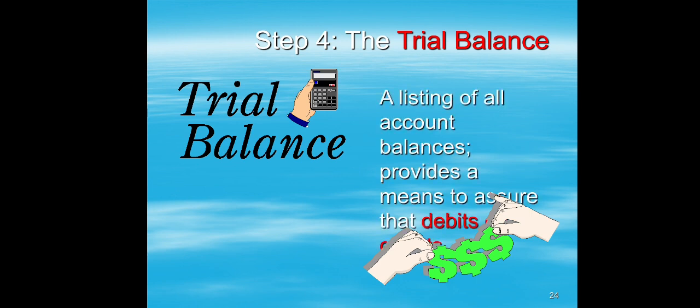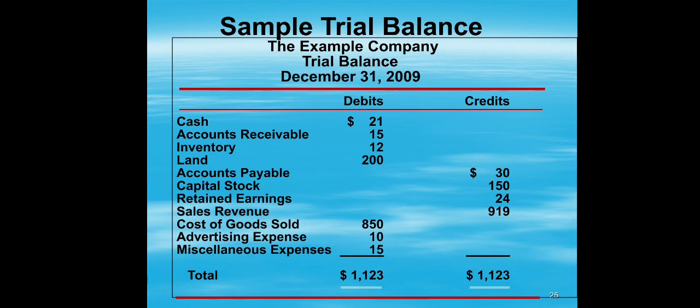A trial balance is a list of all accounts with their balances. The format of a trial balance is like this. This is an example of a trial balance, supposedly December 2019. Remember the definition: a trial balance is a list of all accounts with their balances. You can see the first column in the trial balance is the list of the names of all accounts.